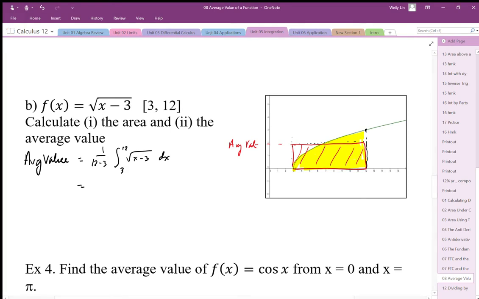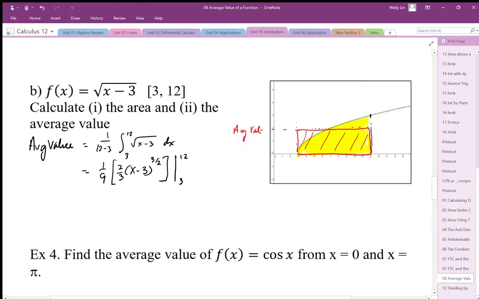So working that out, it's going to be 1 over 9, and the area, if I integrate this, I'm going to end up with (x minus 3) to the power 3 over 2, divided by 3 over 2. Then I'm going to integrate that from 3 to 12.